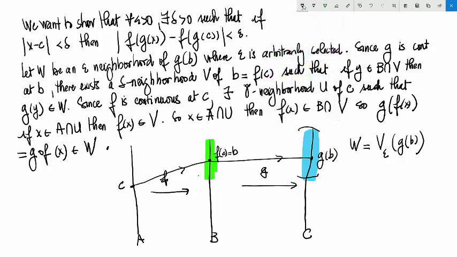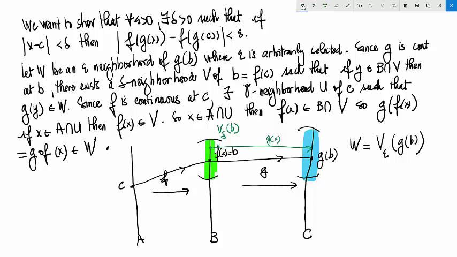You can find this neighborhood around f of c, and we call this V, and this will be some V delta of little b, such that as long as you pick any little x here, then automatically you know that g of x will be in the epsilon neighborhood of g of b.